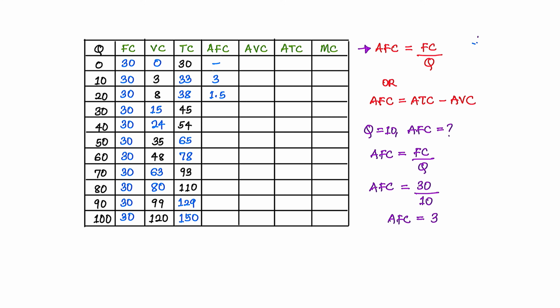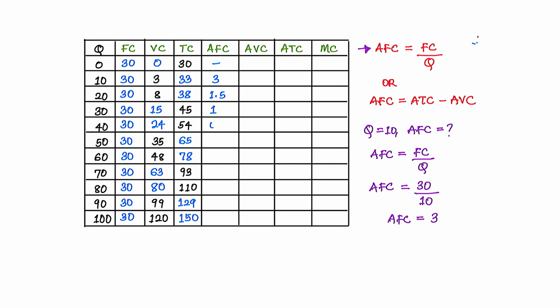Next, the value of the average fixed cost when the fixed cost is 30 and the quantity is 30. So 30 divided by 30, that's 1. So average fixed cost here is 1. Next, the value of the average fixed cost when fixed cost is 30 and quantity is 40. So we have 30 divided by 40.